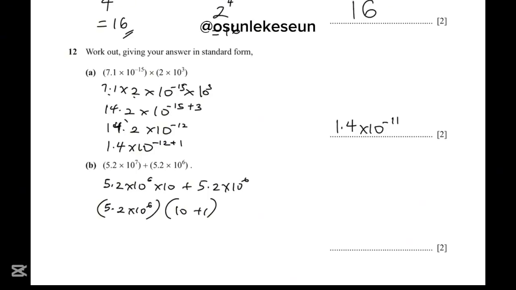So are we still in line? Yes. So this is 10 plus 1, 11. So this is going to give us 11 times 5.2 times 10 raised to power 6.